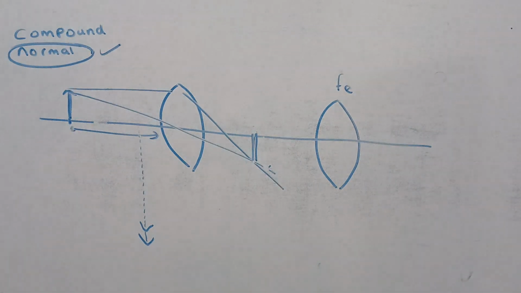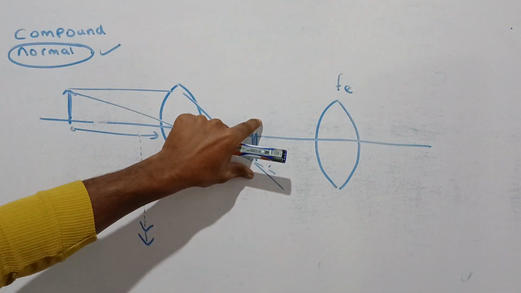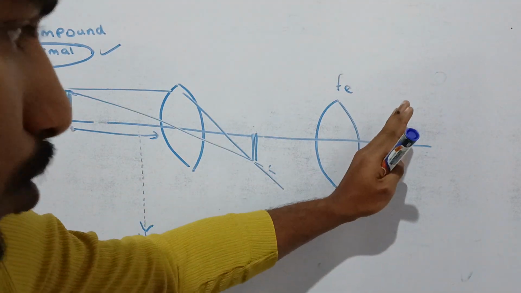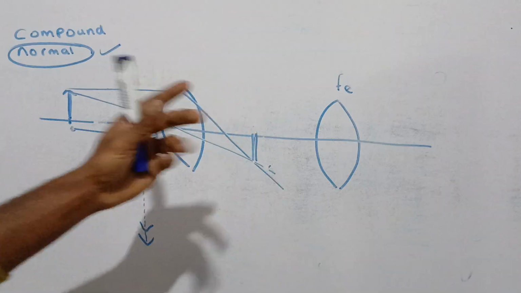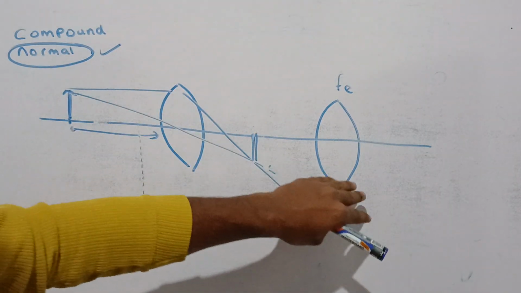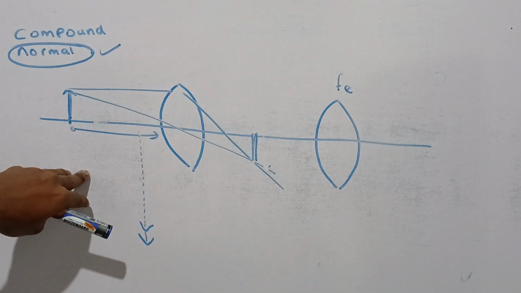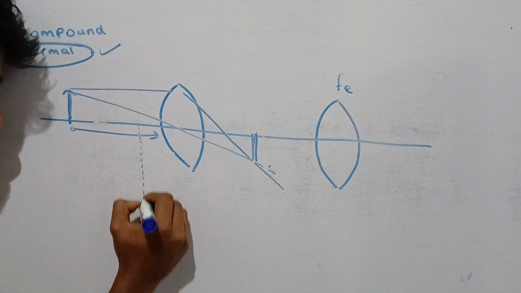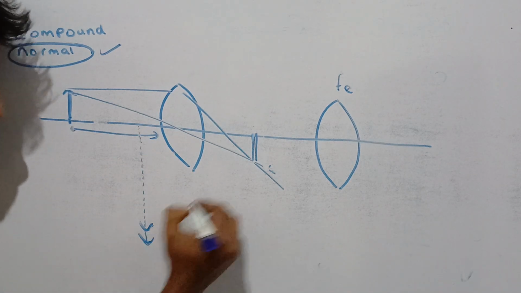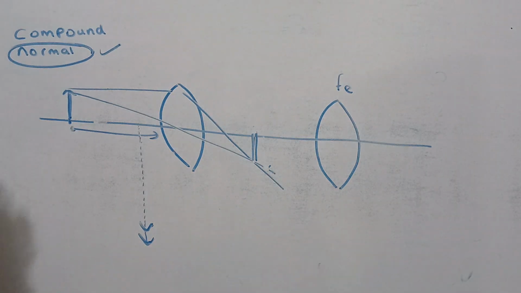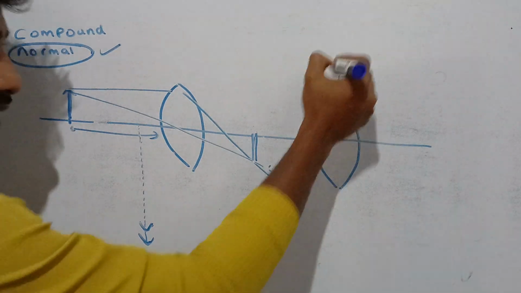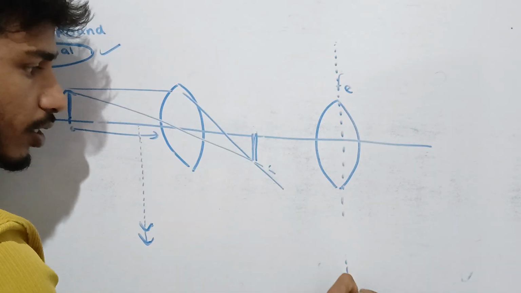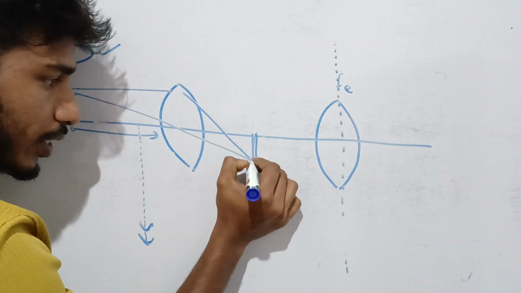Now this image will act like an object for this lens, producing a virtual image. In normal adjustment, it will be at the least distance of distinct vision. So my final image must be around here, and it must be quite magnified compared to the first. When you are doing the next case, the ray is subjected to here.